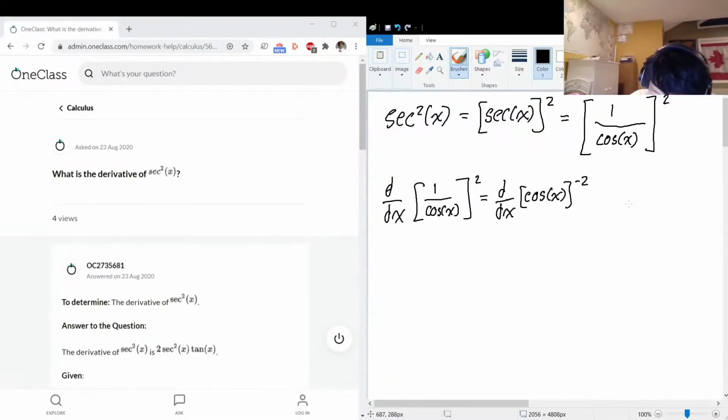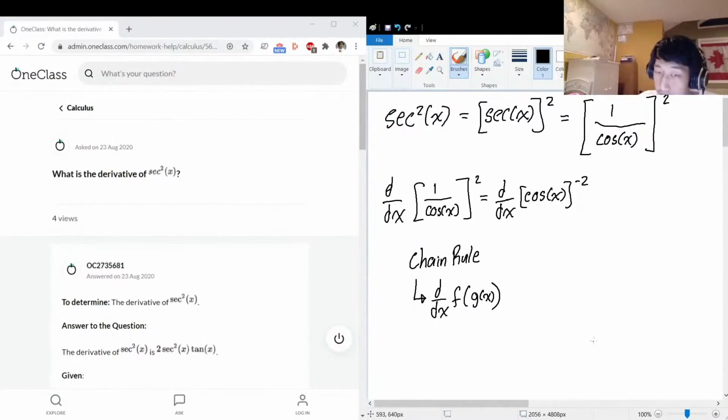All right, so let's hit it with the chain rule. The chain rule says that when we're taking the derivative of f of g of x, like the composition of functions, here our composition is cos of x is the g of x, and the -2 is the outside.